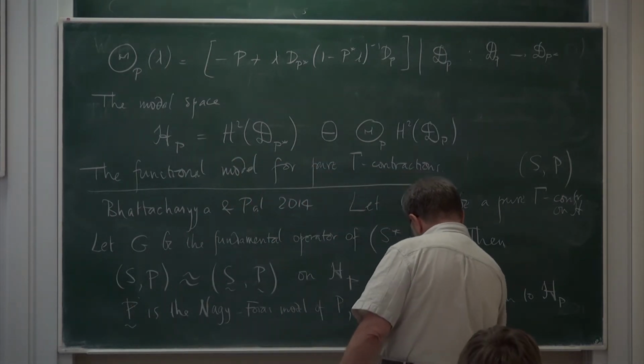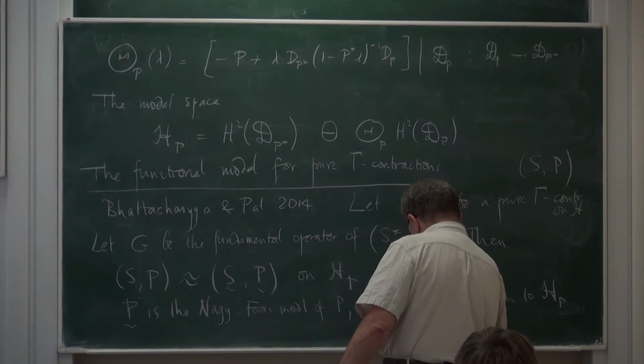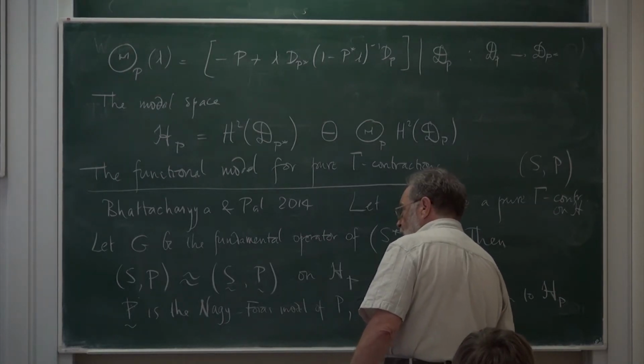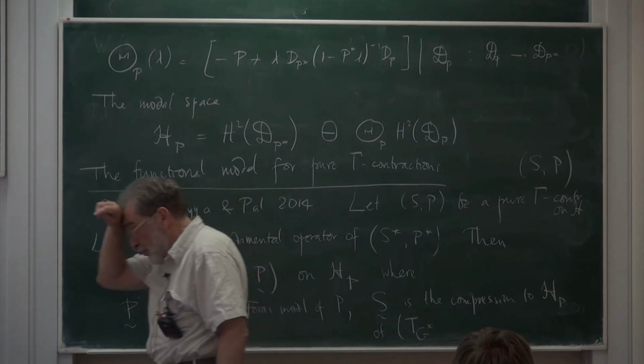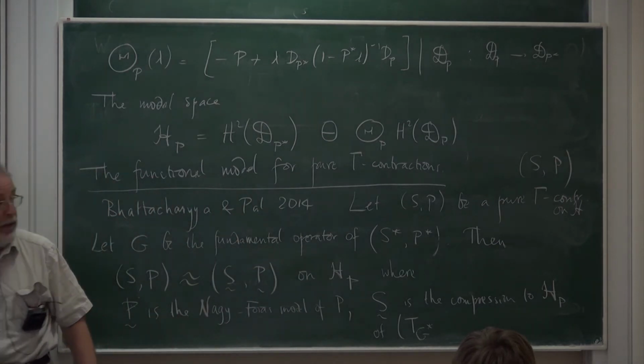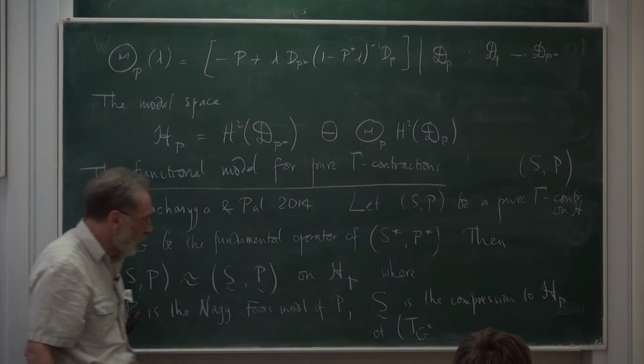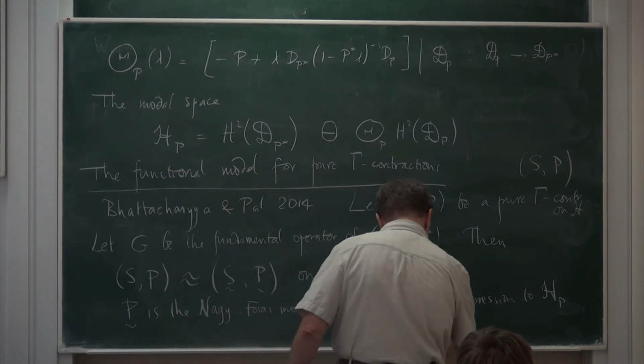And furthermore, what I called A in my description of the model gamma isometry before is now G star.